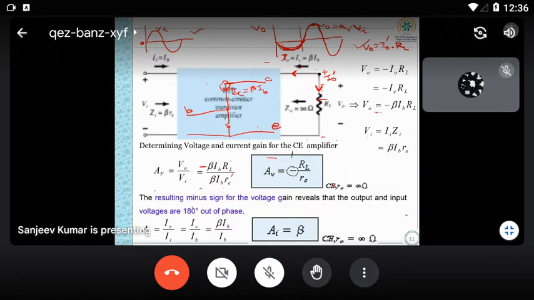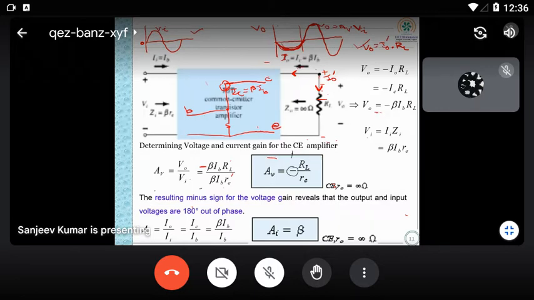Sir, later on we will see some devices where no phase change will be there. Now if you want a circuit where amplification is required but a phase difference of 180 degrees is acceptable, then you can consider this type of configuration. Now, for example, if I need a 360 degree phase shift, then you can use two-stage amplifiers.